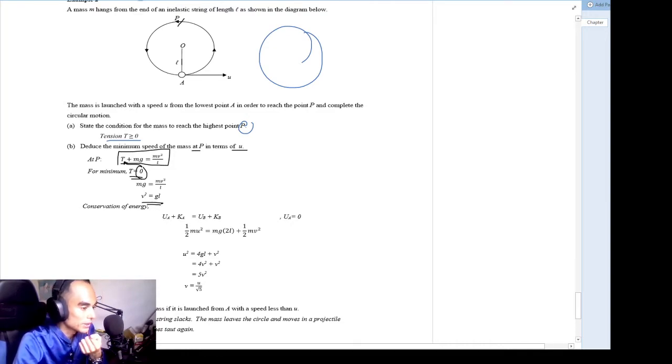Another thing, we have conservation of energy: half mu squared equals mg 2L plus half mv squared. Why 2L? Because the height of P is 2L. So u squared is 5gL, and u equals the square root of 5gL.